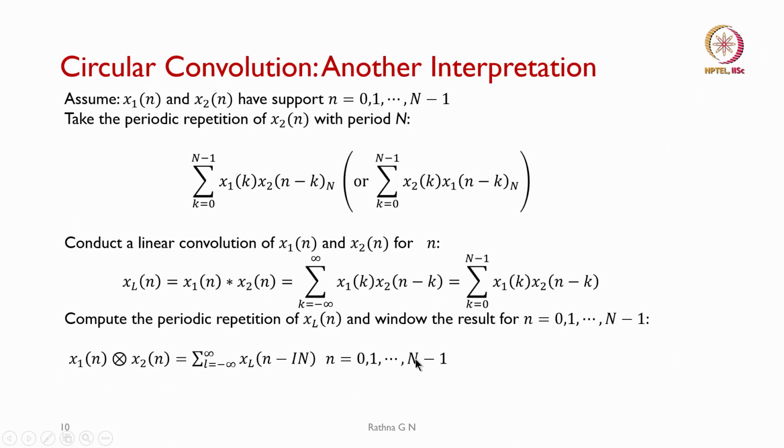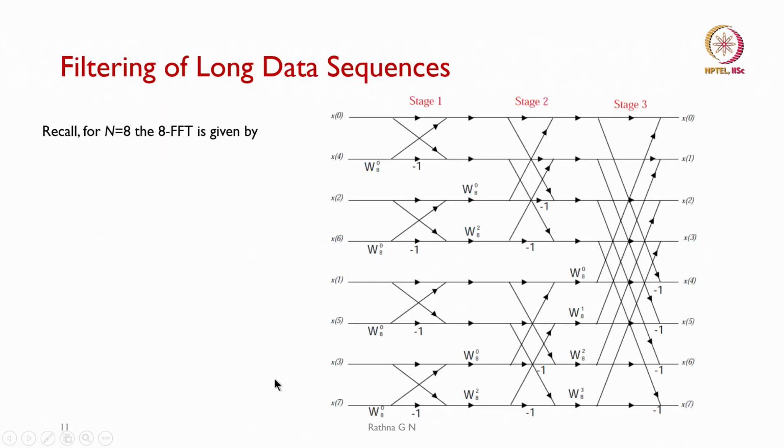So, what are the two methods? First, we can do the circular convolution by taking the modulo of one of the signals, or we can do the linear convolution of the signals and do the circular convolution at the output. That is what is shown.